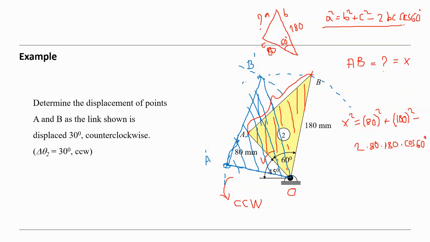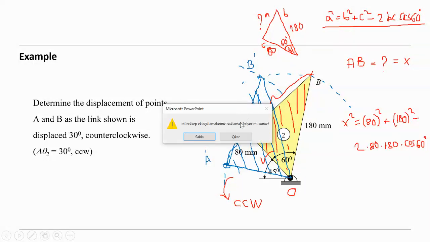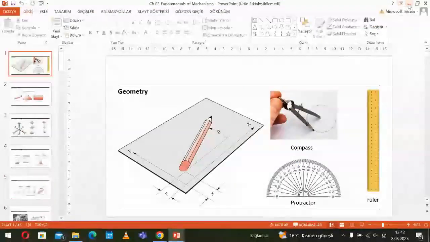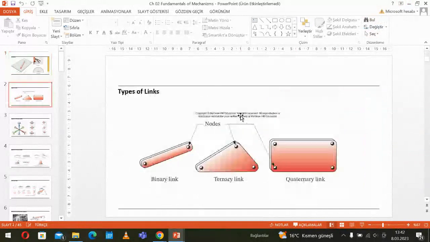Student: I thought it is B squared plus C squared minus cosine 60. I forgot. I'm very sorry. Minus 2 times B times C times cosine 60. Okay, thank you. You are welcome.